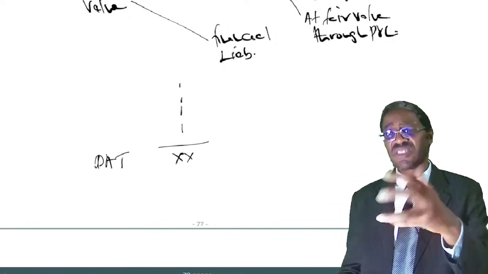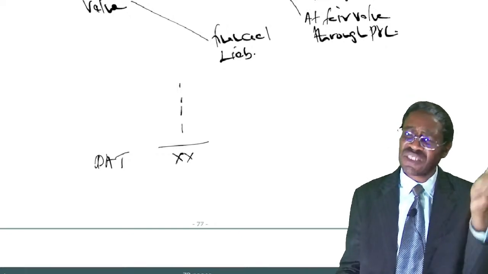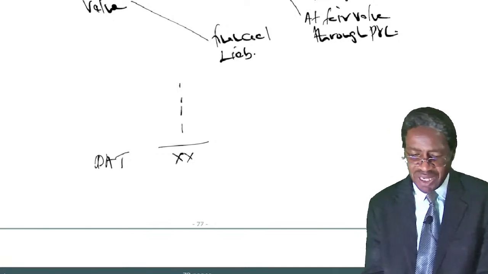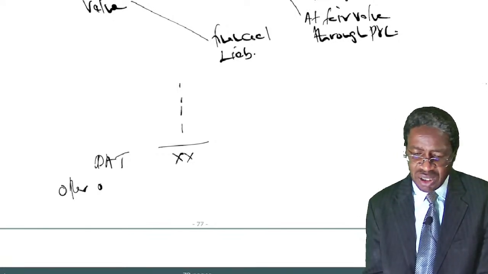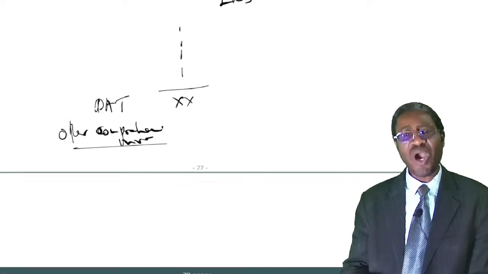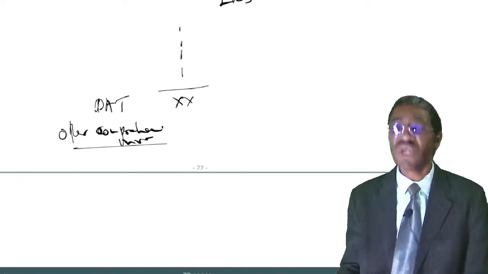Then, if the examiner told you to prepare a statement of comprehensive income, then you used to come and say here, other comprehensive incomes. You remember that? Good.